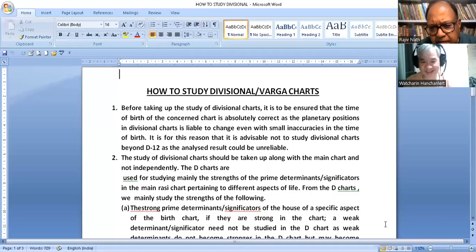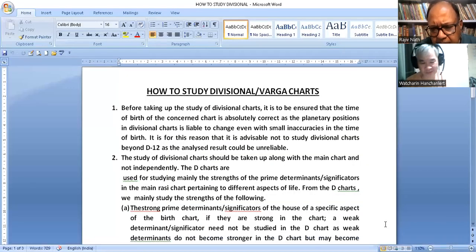Does the Rashi chart always go along with the divisional chart for each house, sir? I mean, something like the Rashi chart says about money very good, but then the divisional chart says another thing. Your question is absolutely correct. Suppose the main chart says you'll get married.